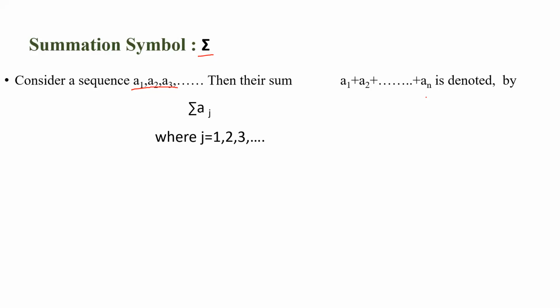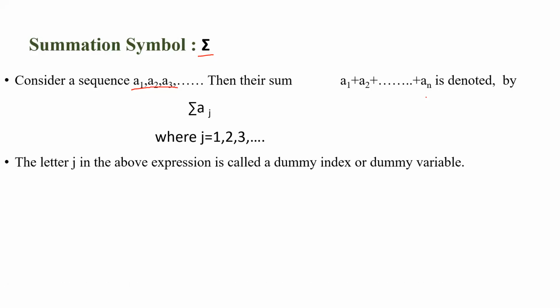Now, in order to show this in the algorithm, there is a simpler way. It is shown as sigma aj. Got it? This symbol will indicate that this is the same as a1 plus a2 plus a3 plus etc. up to an. Got it? So that is how we indicate this using the sigma symbol.